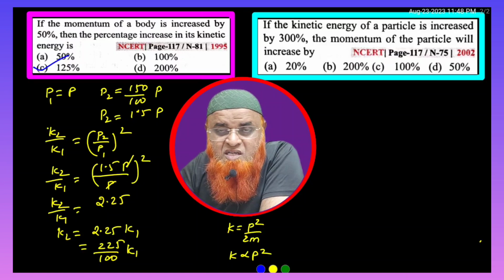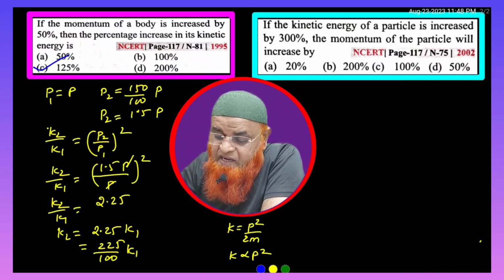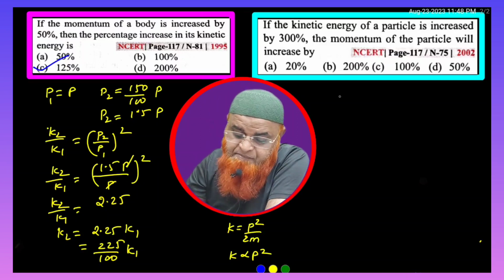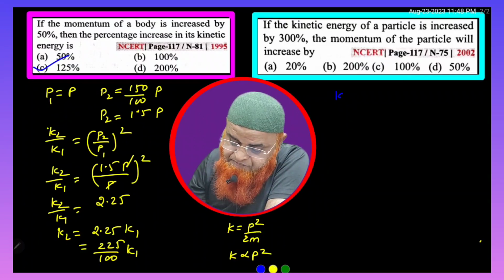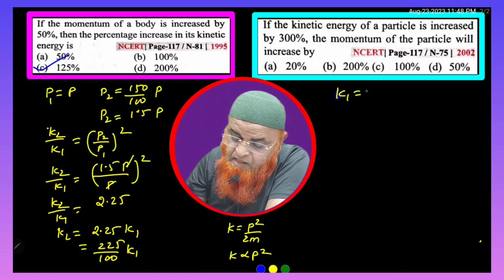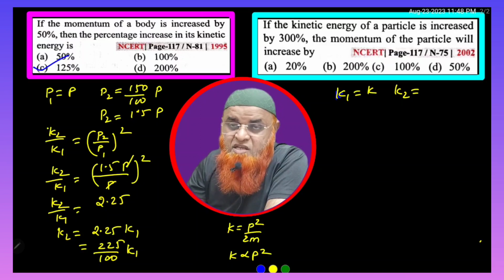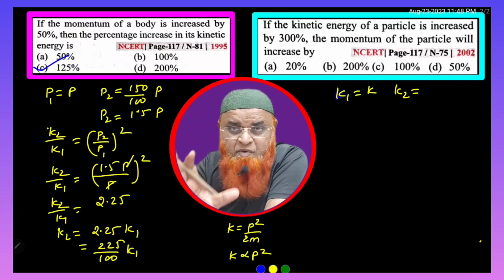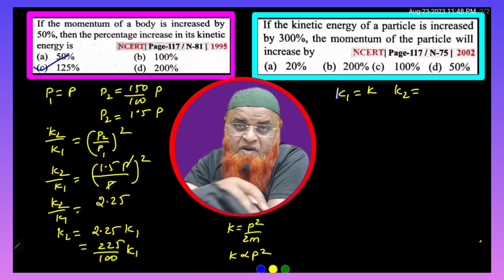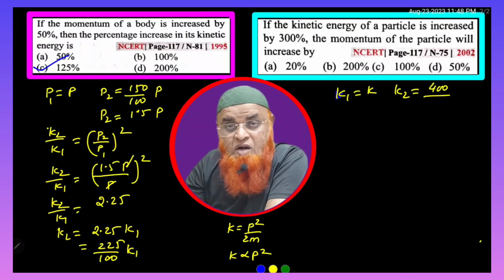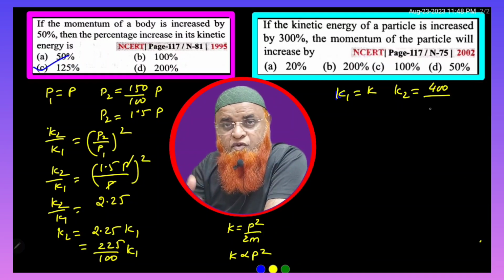Now if you go and see this next question, if the kinetic energy of the particle is increased by 300%, what is the meaning of that? That means here kinetic energy K1 is K and K2 is nothing but 300% extra, means already 100% is there, so 400%. 100 plus 300 becomes 400.